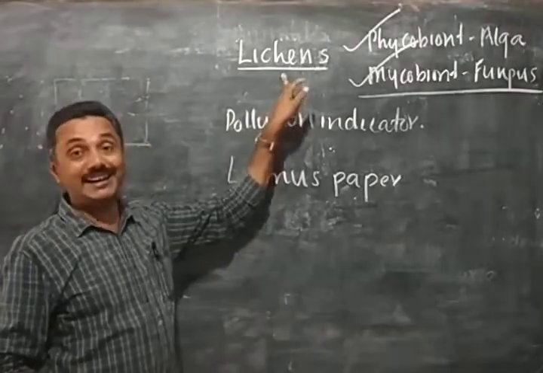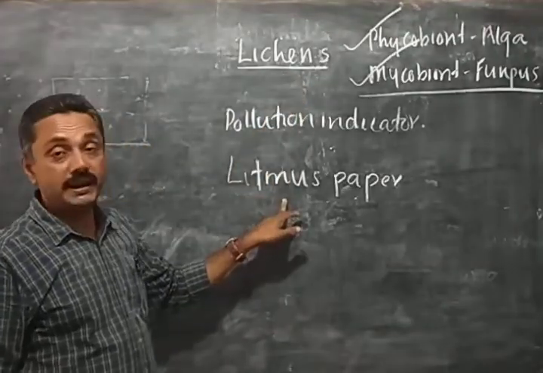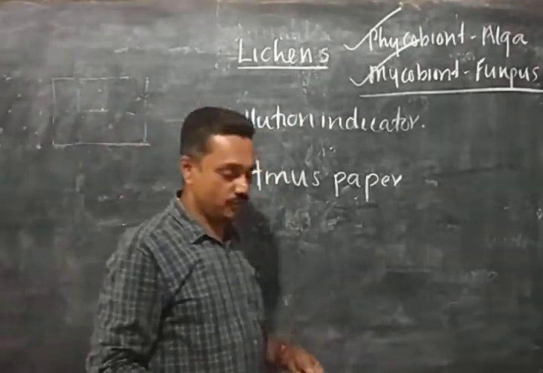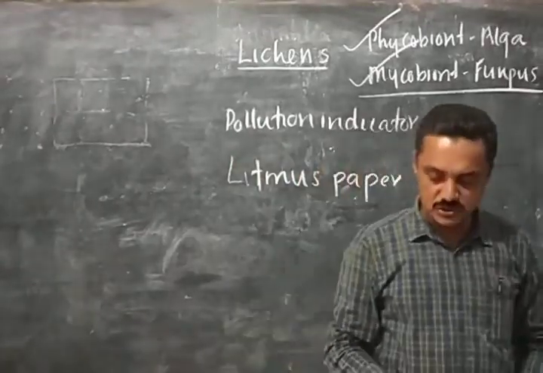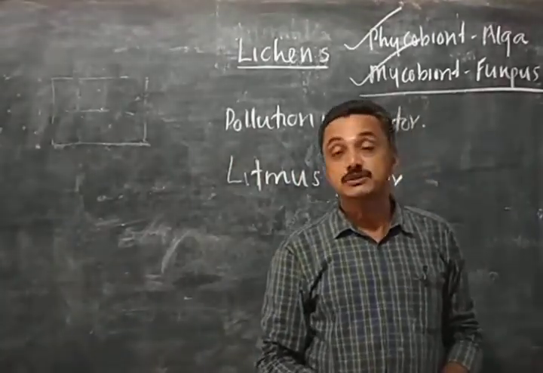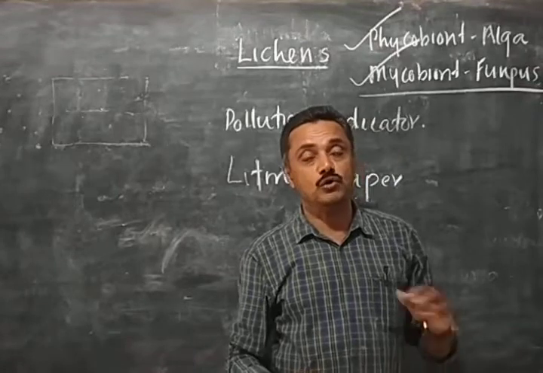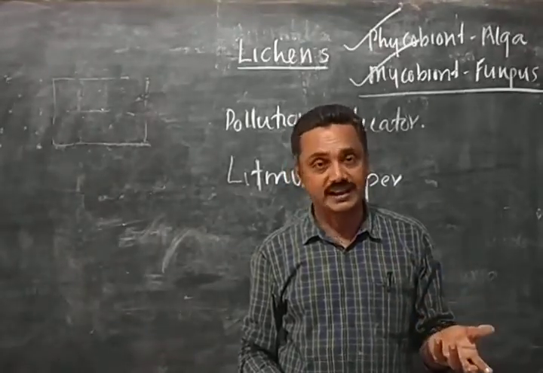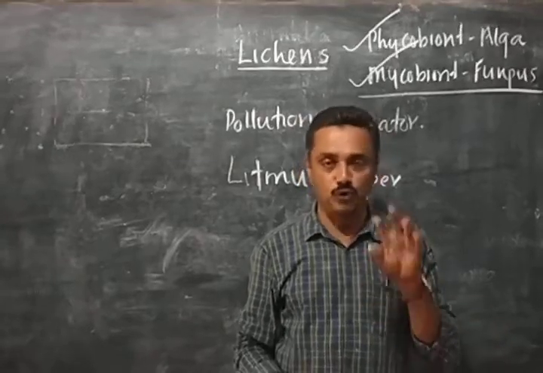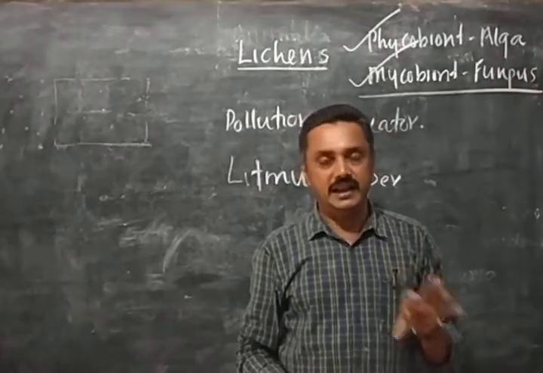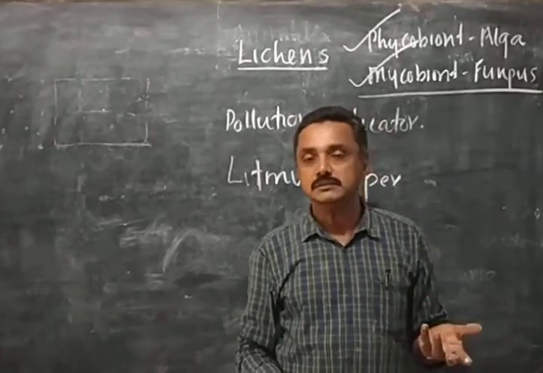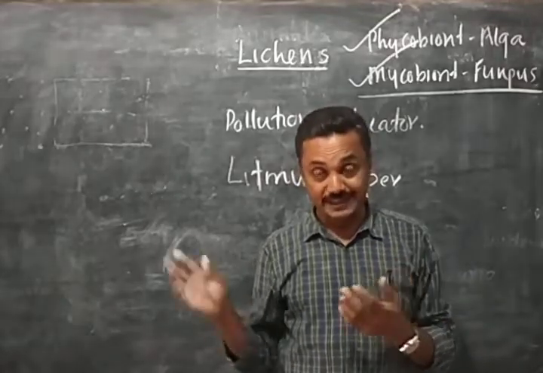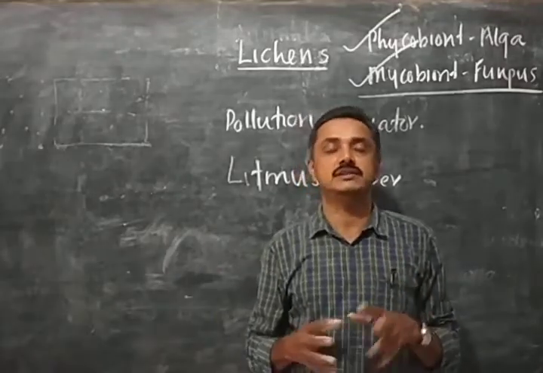So these are all the importance of lichens. Lichens are a special group of organisms. Questions are asked like this: write notes on lichen, or what are the importance of lichens. So it is very important for you. Remember that lichens are very important, and write the notes after that. Then lichens are over.